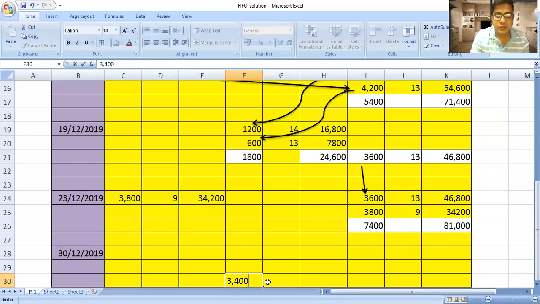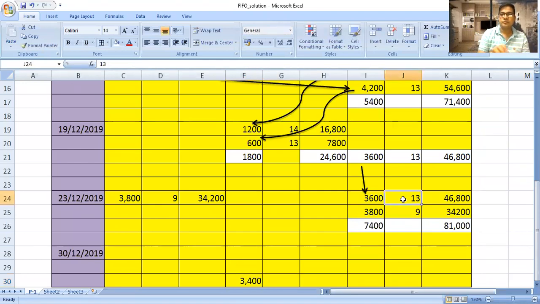We have our two rates in the closing balance: 13 rupees for 3,600 units and 9 rupees for 3,800 units. Now we will use the first rate of 3,600 first because our method is first in first out.